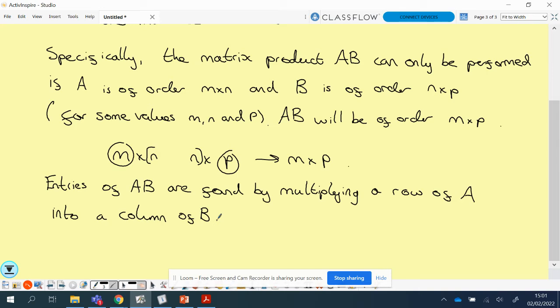You're going to have a list of numbers that need to multiply another list of numbers, and you multiply the first two, and you add the multiple of the second two, add the multiple of the third, and then you add them all together, and that's how you get your entry.